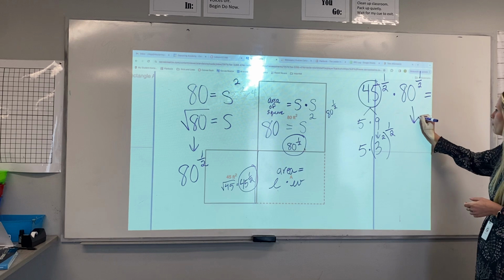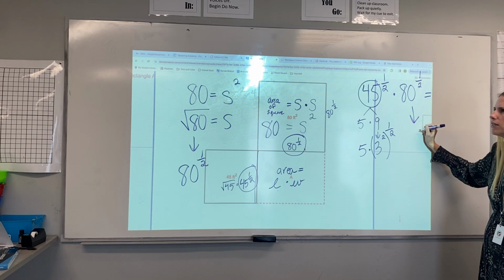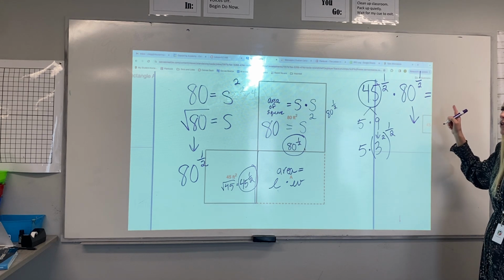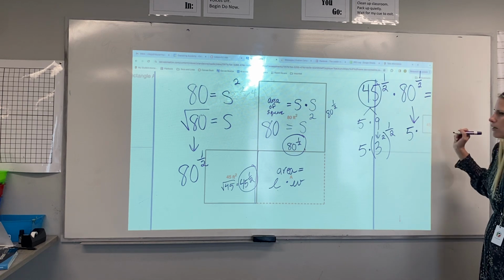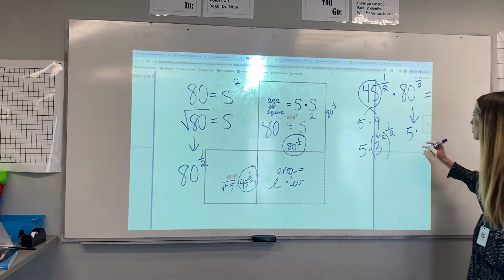And then we have 80. What's 80 divided by 5? Let's try to pull out a 5. 80 divided by 5 is 16.